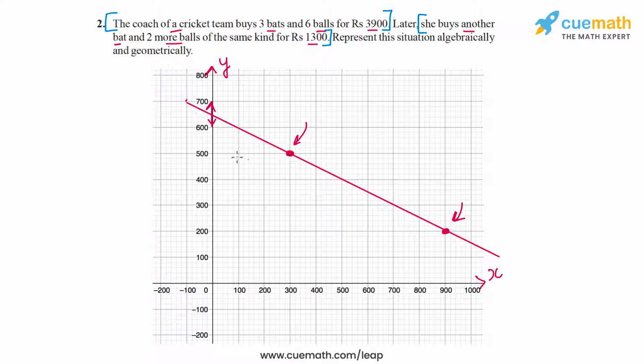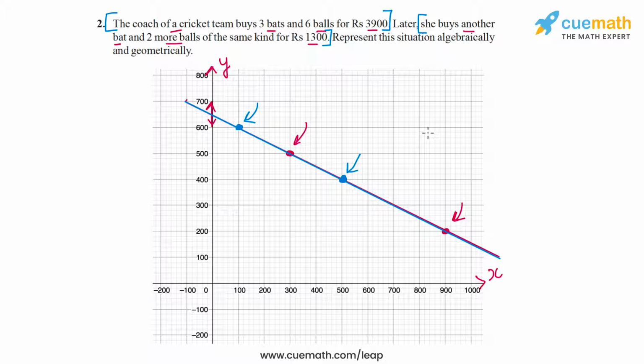So 100 comma 600 is this point here, and the other solution we got was 500 comma 400, which is this point here. So interestingly, both these solutions lie on the first line, which means that if I draw the second line, it will be exactly identical to the first line.